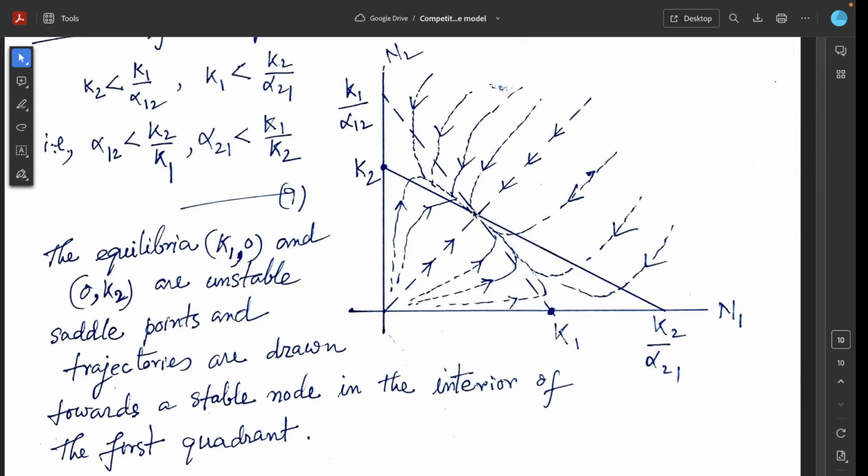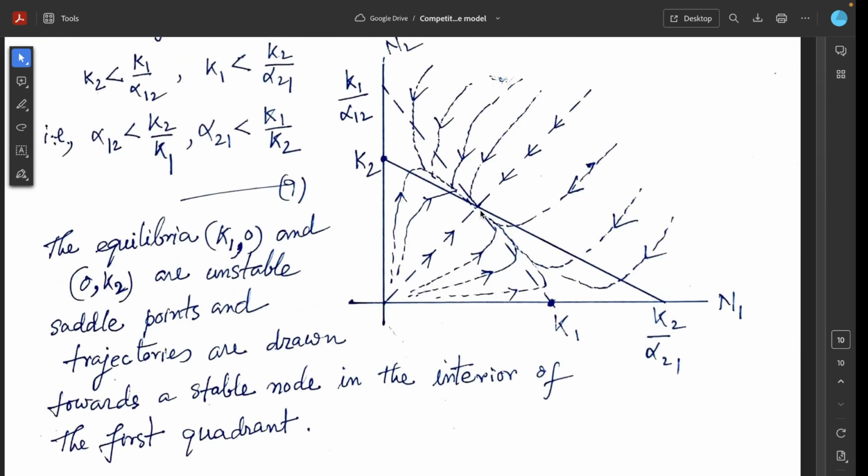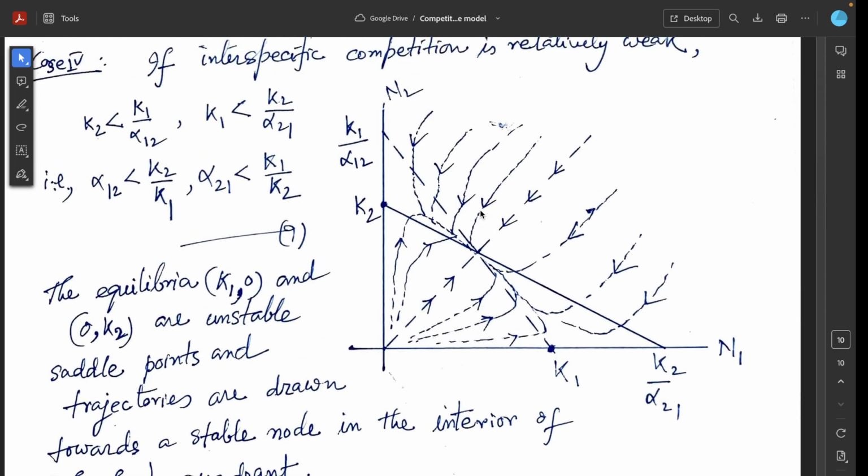This is the intersection, the coexistence equilibrium point. Thank you. We complete this model here now.